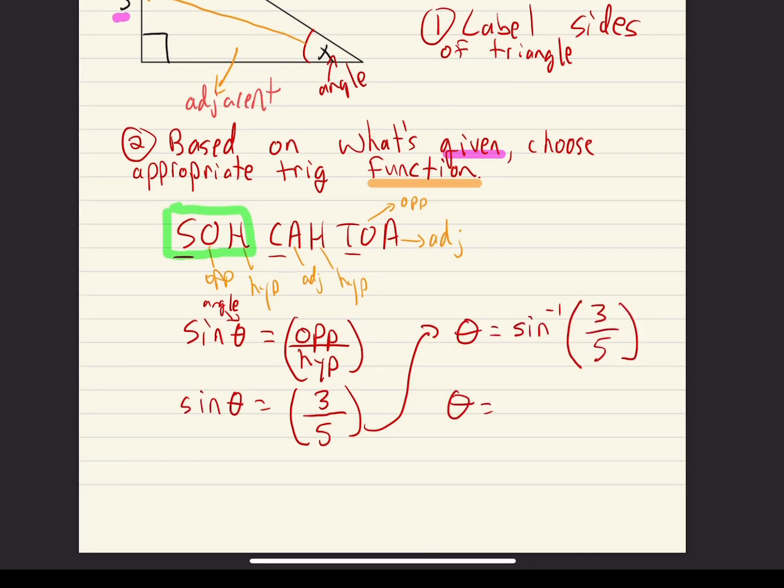Now, remember, when you're trying to find the actual angle, you don't just plug in sine 3 over 5. You're going to write sine inverse, which I believe is the second function in your calculator, and then write 3 over 5. So when you do sine inverse 3 over 5, you end up getting an angle of 37 degrees, and so we say that x is equal to 37 degrees.